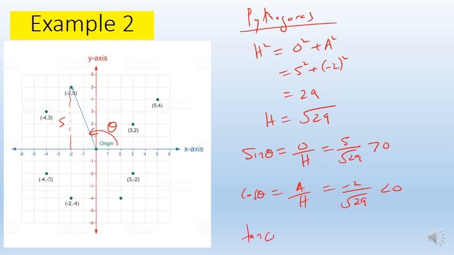And I want you to tell me what tan of theta is. Opposite is 5, adjacent was minus 2, less than 0, as we expect. Sine is positive in the second quadrant. Cos and tan are both negative in the second quadrant. Pretty straightforward.